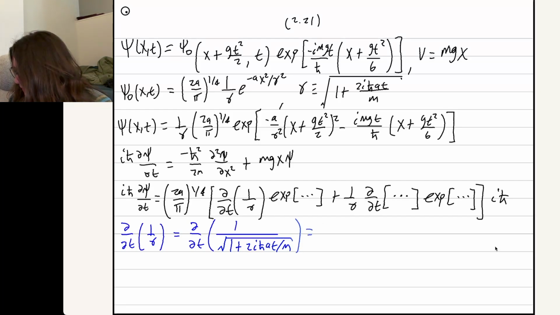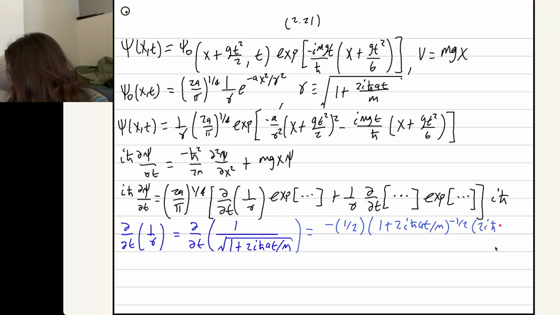So it's going to be minus 1/2 (1 plus 2 i h bar a t over m) to the minus 1/2 times 2 i h bar a over m, all over the quotient squared, so 1 plus 2 i h bar a t over m.